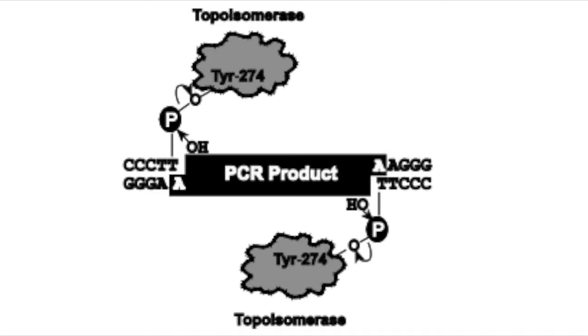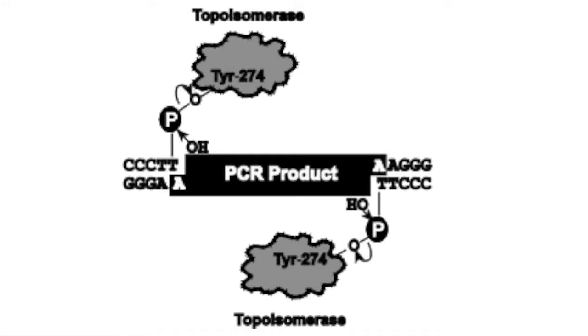PCR topo contains a topoisomerase covalently attached by its tyrosine residue 274 to each 3' end of the linearized plasmid. It is necessary that a polymerase leaves adenines in the 3' extreme to be able to interact with the thymines in the 3' ends of the plasmid.